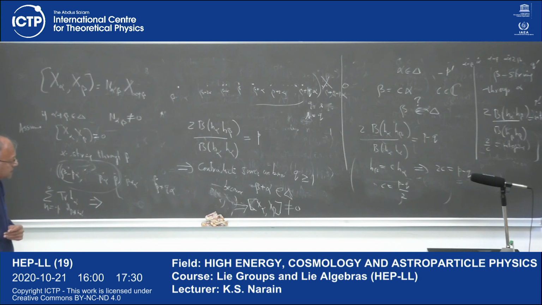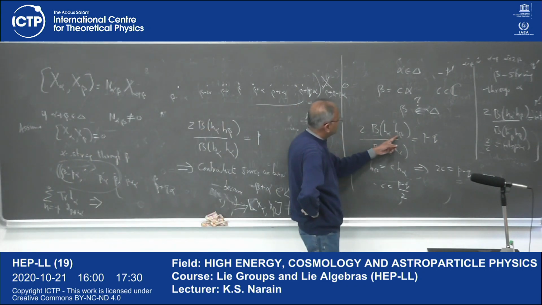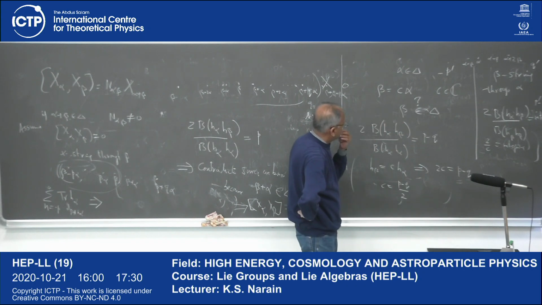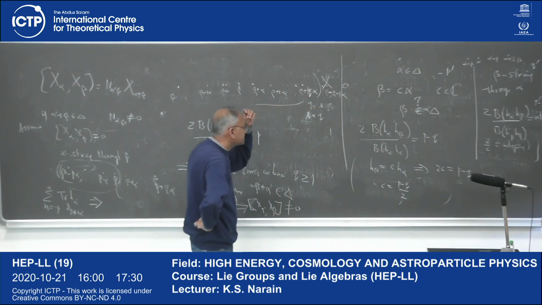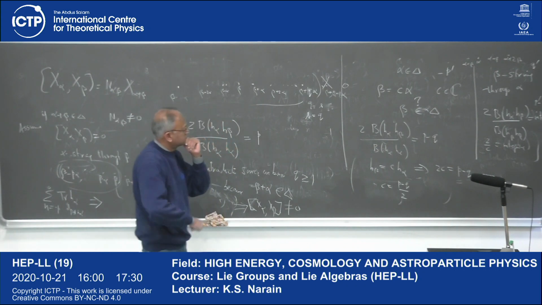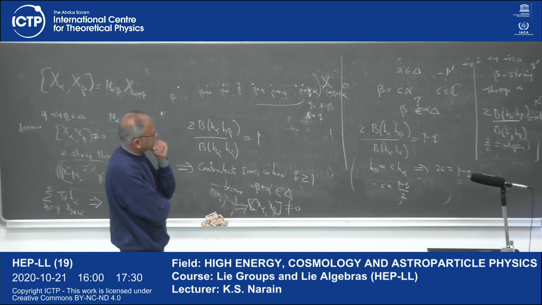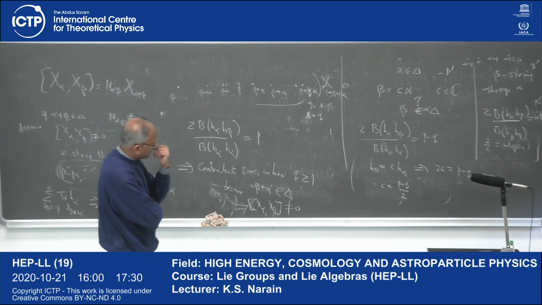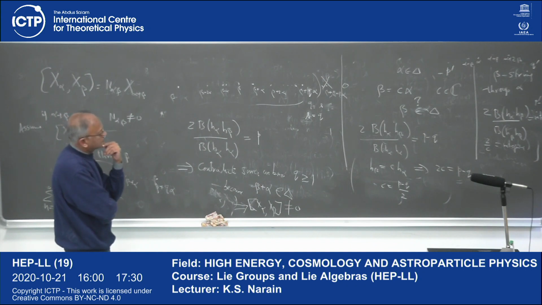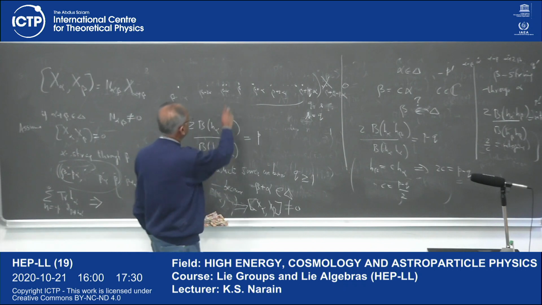So the point here is, what are the possible things? If I take beta equal to 0, it just means the starting point, you start from the 0 point, right?